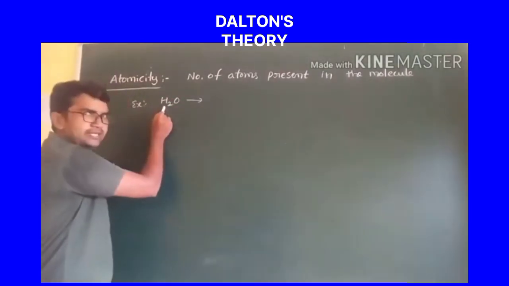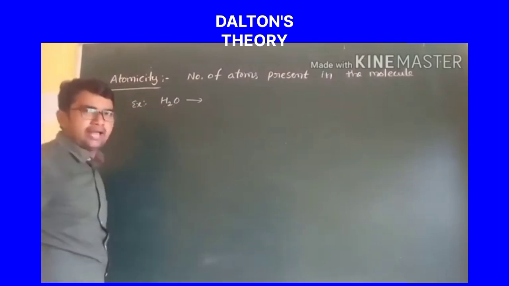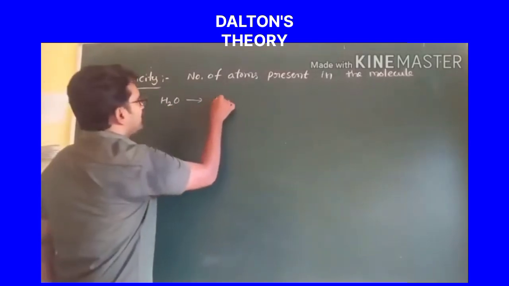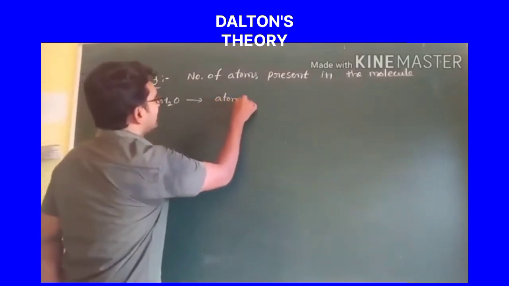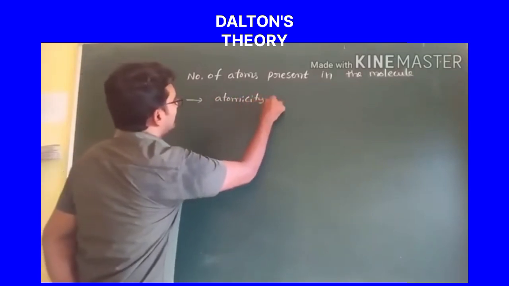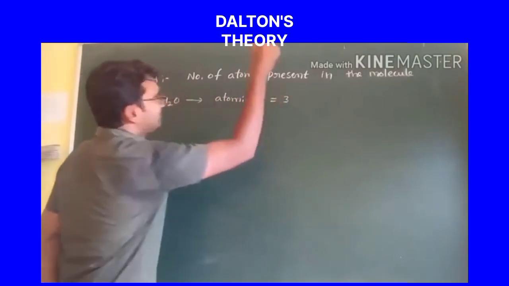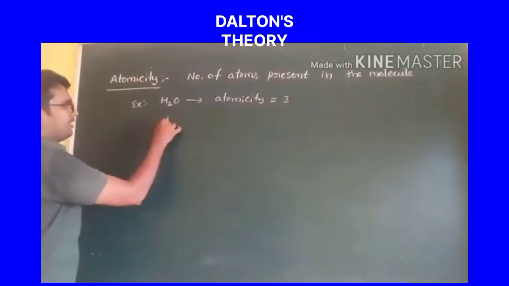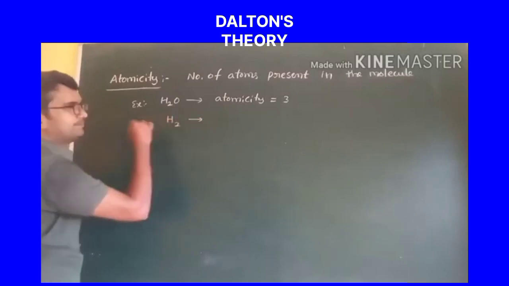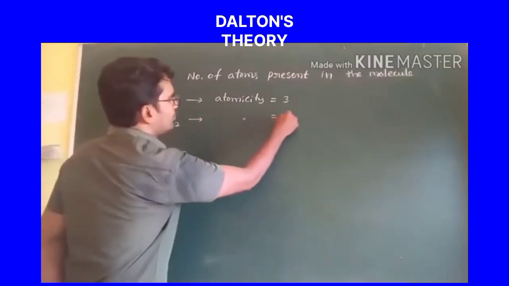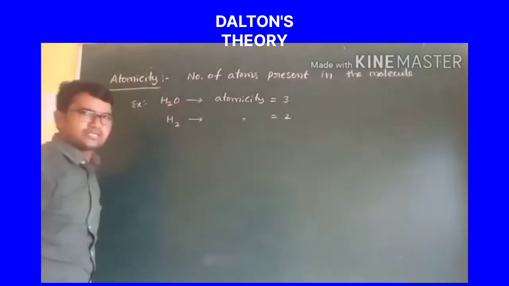2 hydrogen atoms, 1 oxygen atom. So atomicity is equal to 3. H2 atomicity is 2, because only 2 atoms are present.